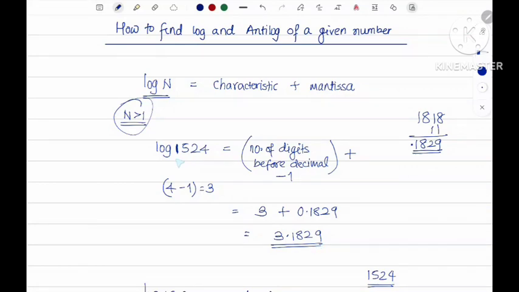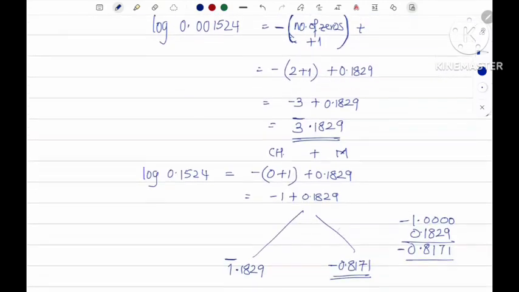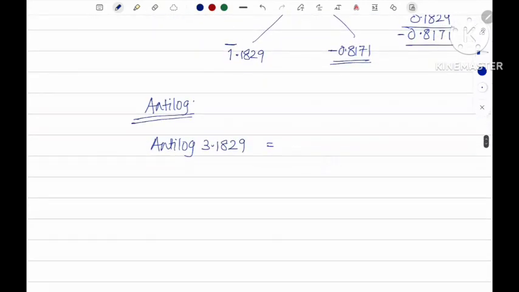You understand? Log of 1524 is equal to 3.1829. So the antilog of 3.1829 should be equal to 1524. Whenever we want to find the antilog of a number, we convert that number into two parts: characteristic plus mantissa.